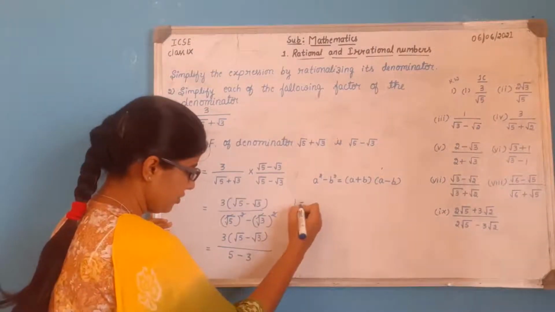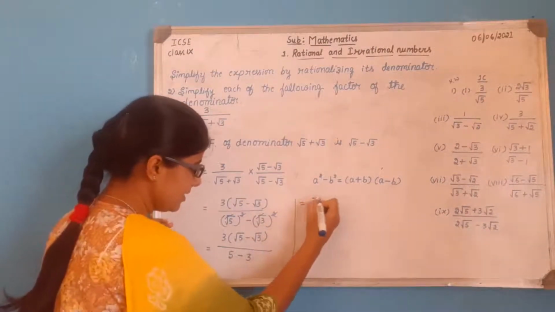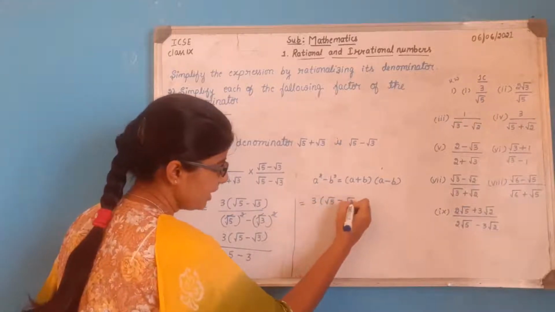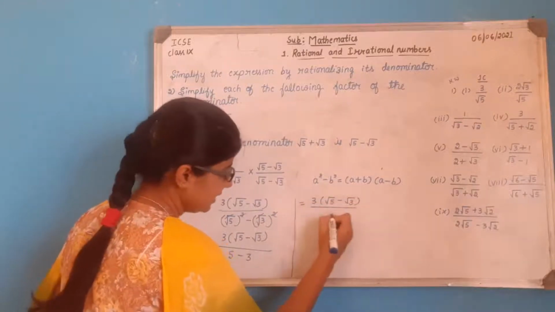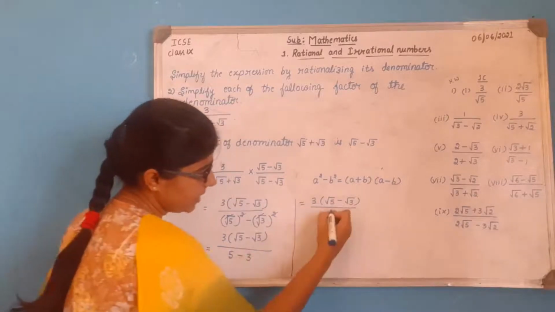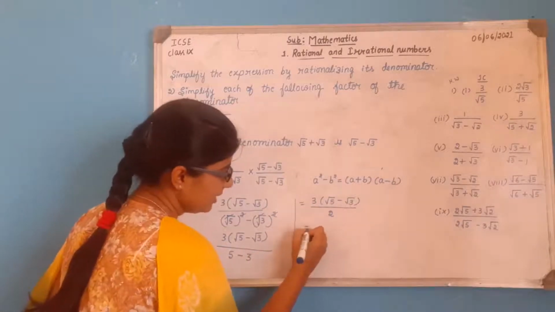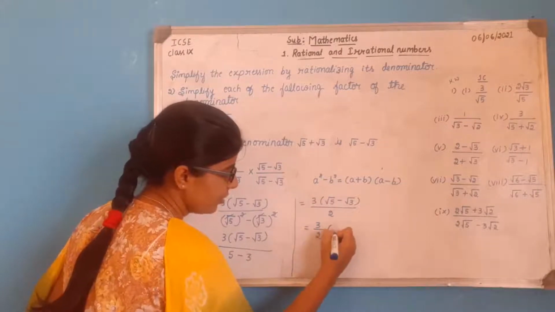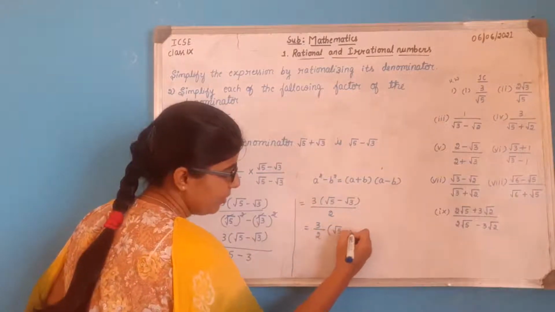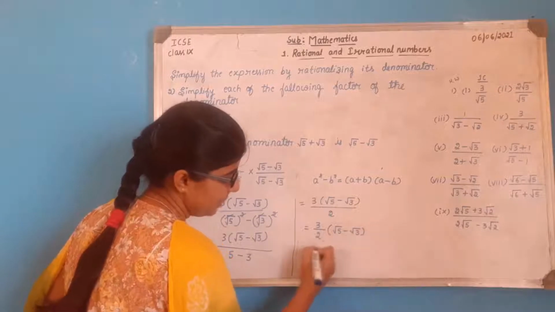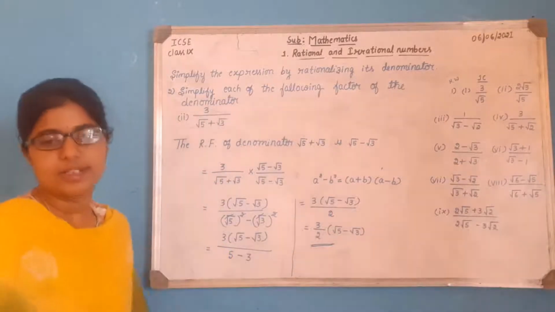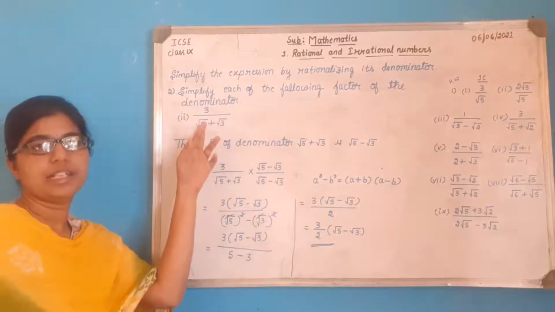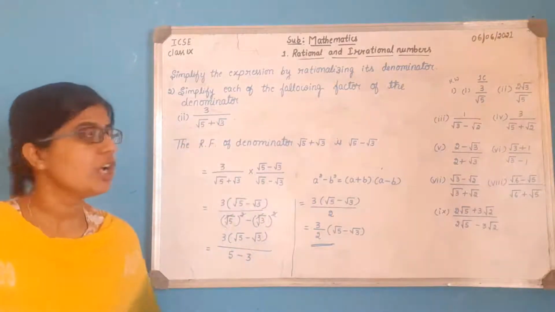Numerator remains as it is, 3 into root 5 minus root 3 divided by 5 minus 3 is 2. Take the constant first, that is 3 by 2, then root 5 minus root 3 remains here. So this is the simplified value for the given question, 3 divided by root 5 plus root 3.